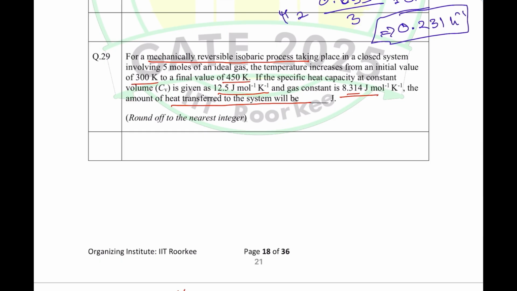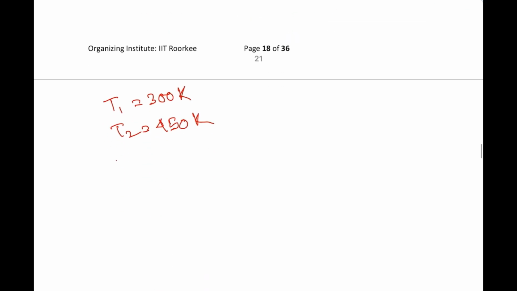The R is 8.314, and Cv is 12.5. So we'll simply write down these things: n is 5, and the R value is 8.314 joule per mole per Kelvin.